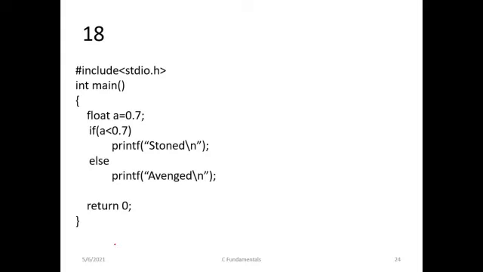The condition gets satisfied, A less than 0.7. How come? One concept I wanted to tell you, my dear friends. Whenever the number 0.7 is stored into a float variable and goes and gets stored in memory, A is available with 4 bytes. 4 bytes is the memory space allocated to a float.